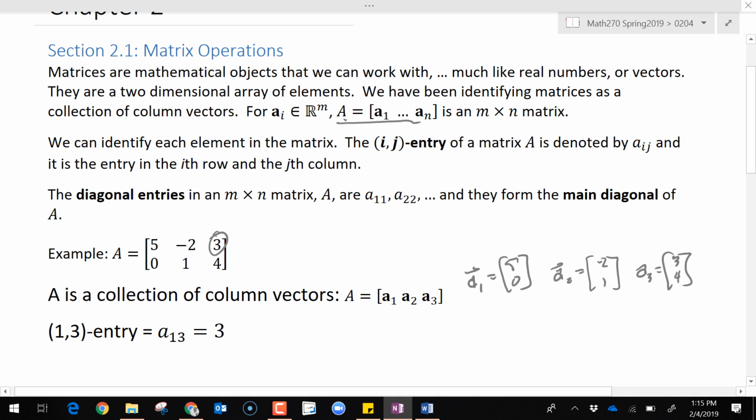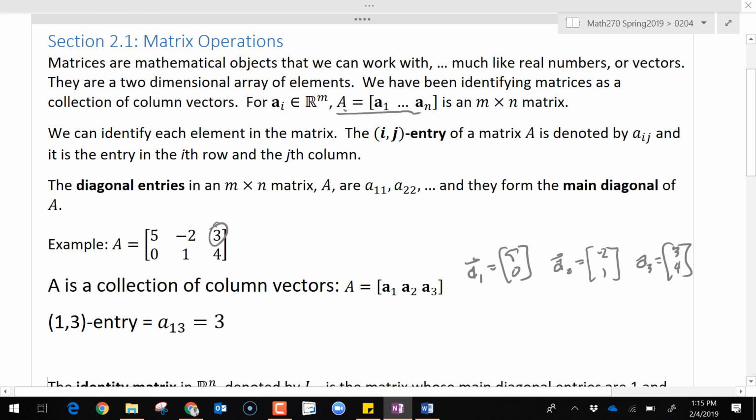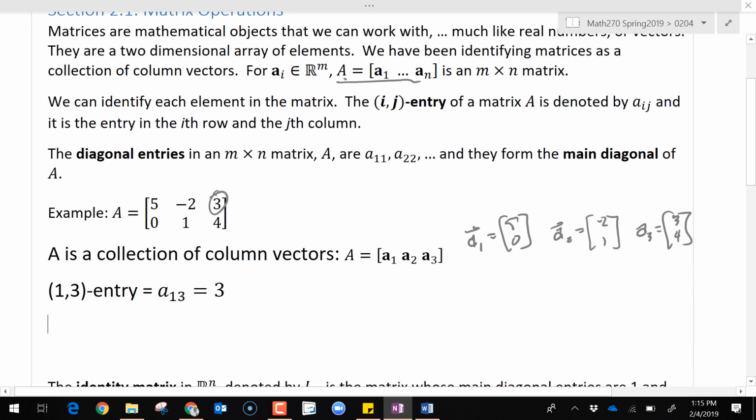So we can have a collection of these things, and we can pull out an entry from a matrix by calling it A sub whatever the row is and whatever the column is. So that's another example.